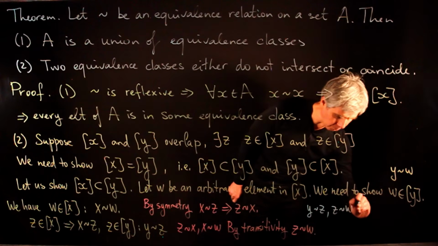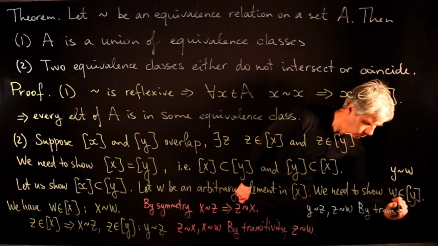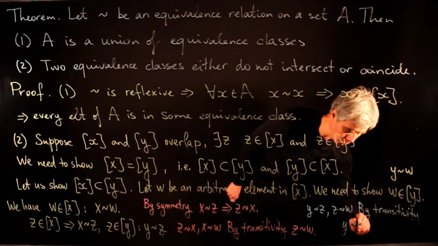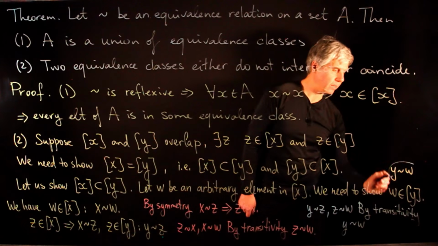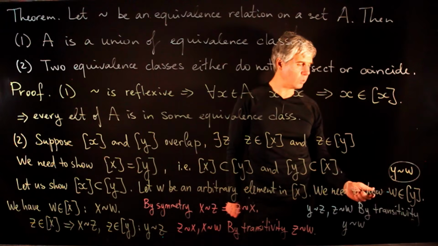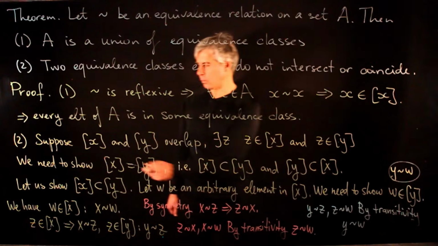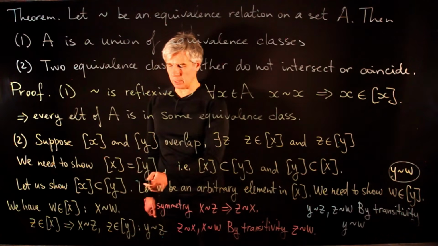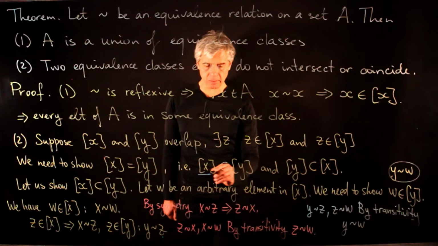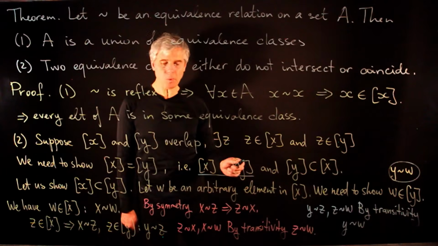And again, applying transitivity, we get that y is equivalent to w. But that's exactly what we had to show. Since y is equivalent to w, we conclude that w belongs to equivalence class of y, and w was an arbitrary element in the equivalence class of x. So this tells us that the equivalence class of x is completely inside the equivalence class of y.